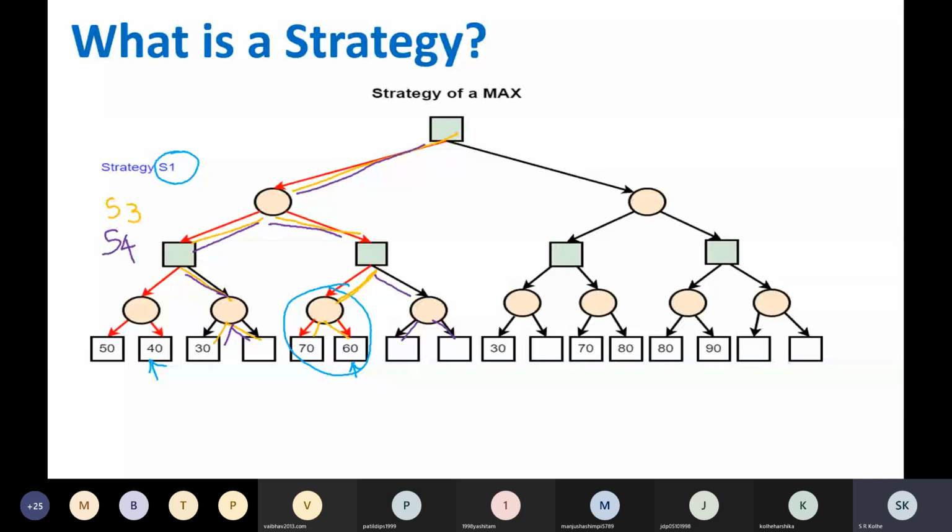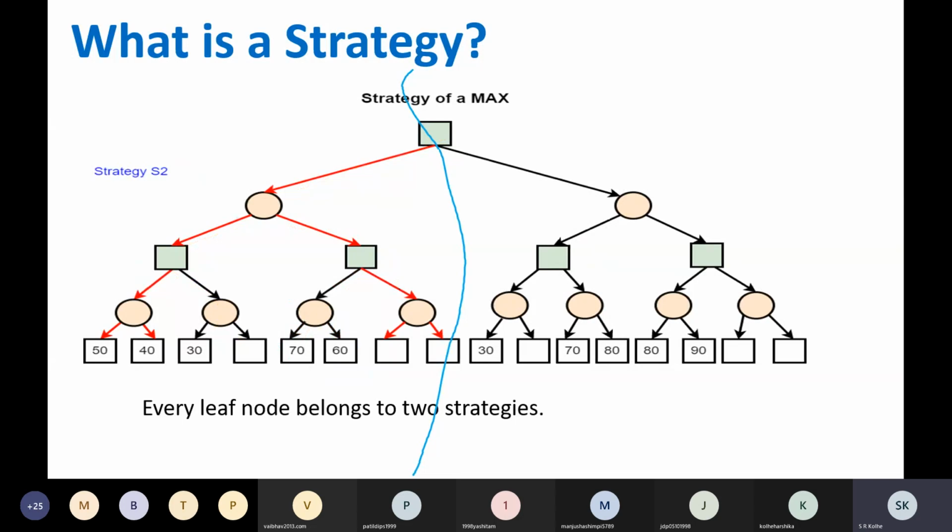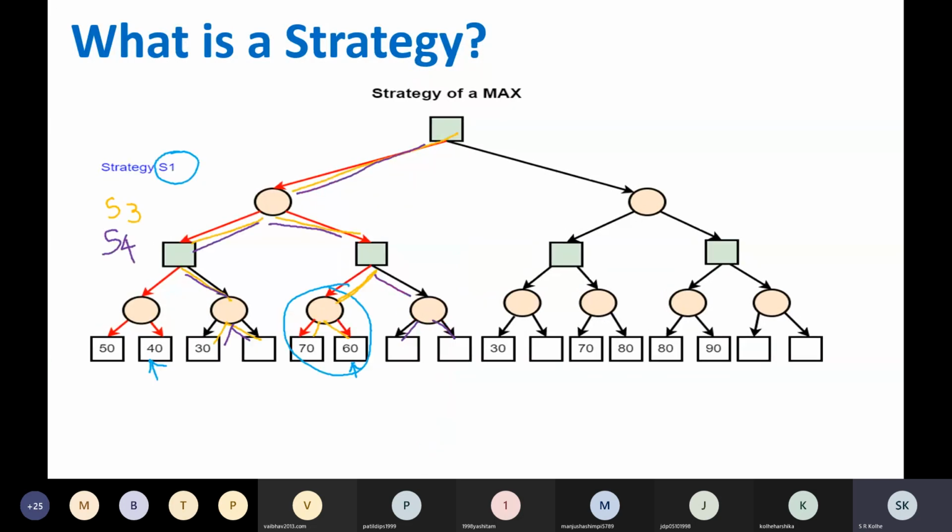Strategy S1, earlier we have seen the red color one. S2, this red color strategy. Then S3, yellow color, and S4, purple color. So in all, how many strategies will be there in a 4-ply game tree?